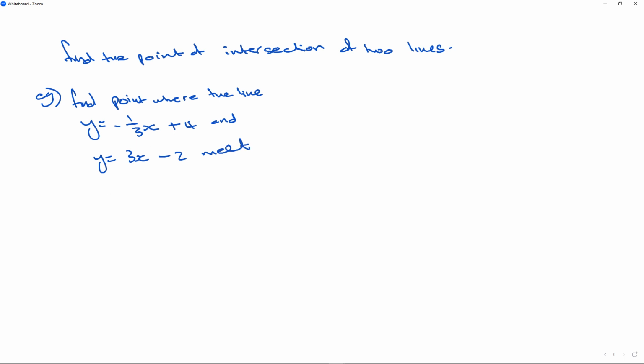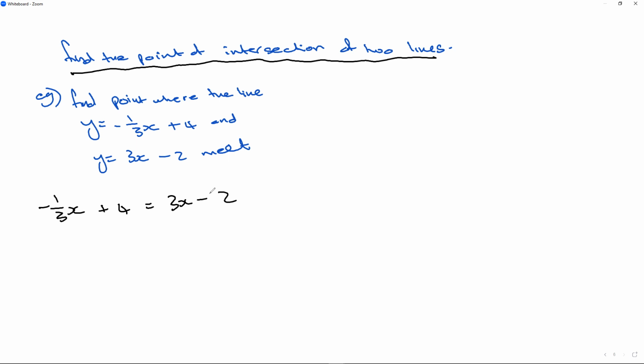Where would we find that? So the first thing I think we should do is equate them and solve it simultaneously. And this is basically the concept of simultaneous equations, which is applied here. So I could drop the y's and equate that and solve for x. Let's say I took negative 1 over 3x plus 4. Because they share the same y value, I can make them equal.